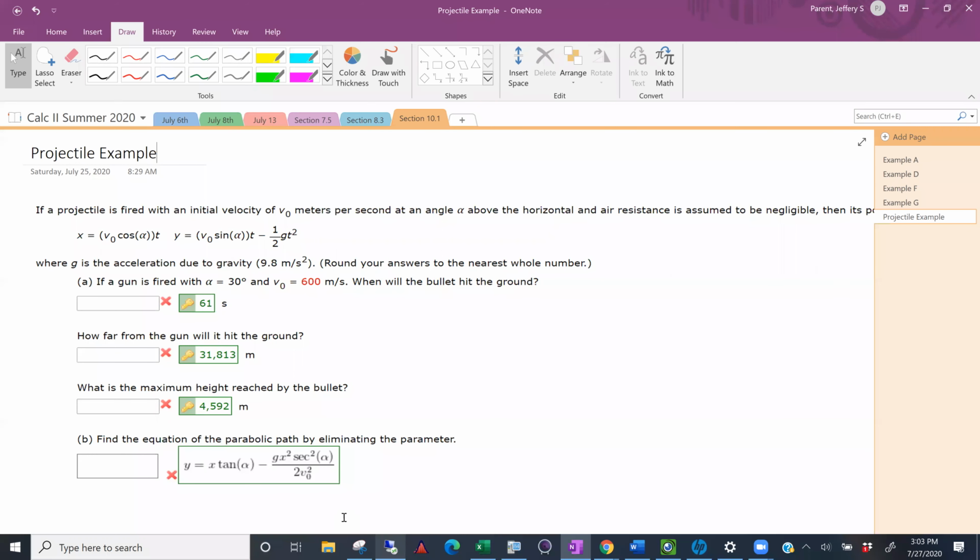That would make these equations more complicated, but they give you the values that you need. Alpha is 30 degrees. So that makes x equal v0, which in this case is 600, so let's try 600 cosine of 30 times t.